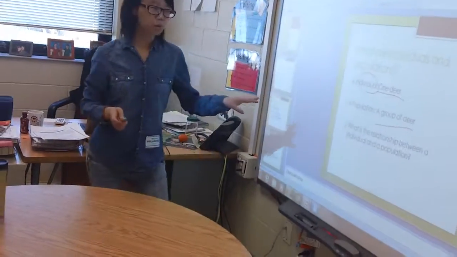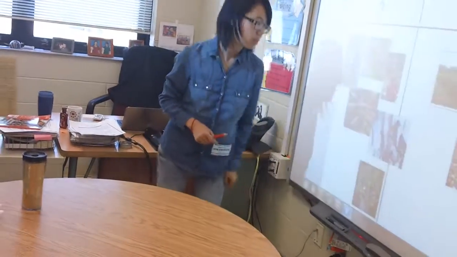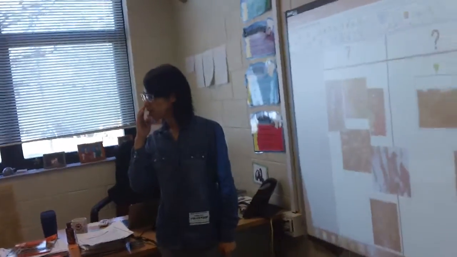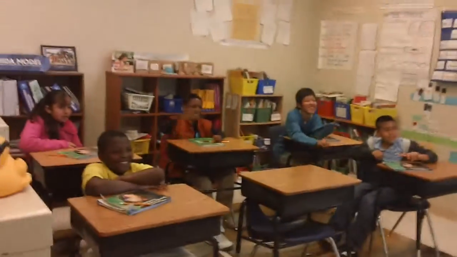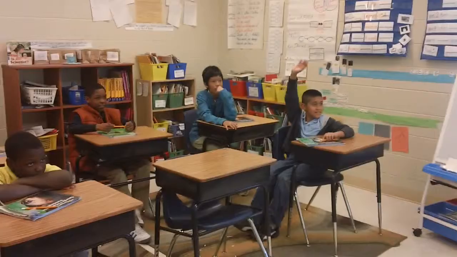So do you remember what we did here? Oh, I see. Okay, so Jeremiah, what do you think those question marks are? You have to find what is the individual and the group. Would you come up?